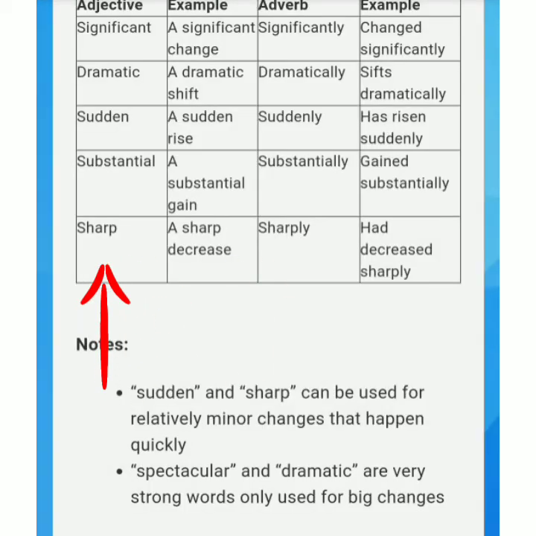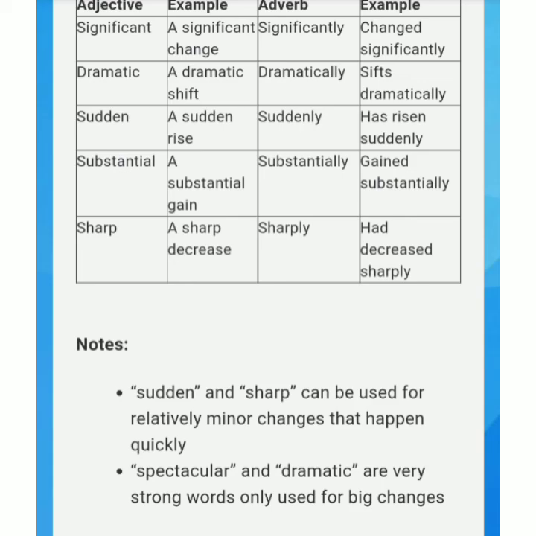Now let's see some examples. Adjectives: a significant change, a dramatic shift, a sudden rise, a substantial gain, a sharp decrease. Adverbs: change significantly, shifts dramatically, has risen suddenly, gained substantially. Sudden and sharp can be used for relatively minor changes.